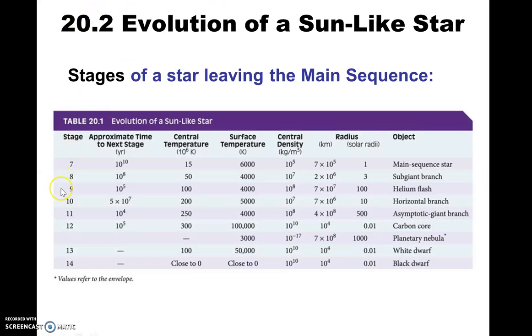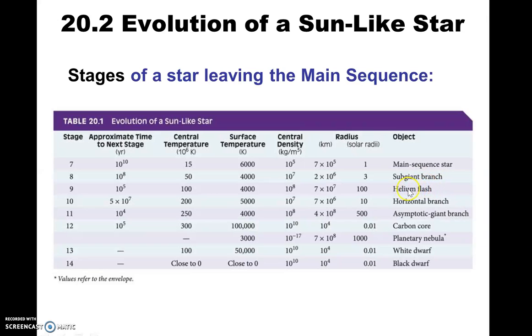So this is kind of the snapshot of the entire thing. So 7, of course, is the main sequence. We're going to go through these steps in a little bit more detail. The subgiant phase is stage 8.